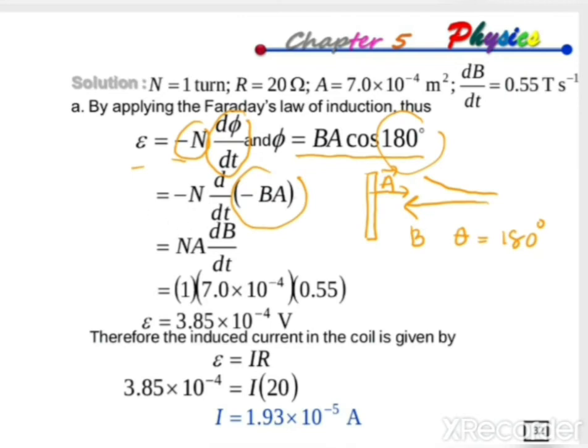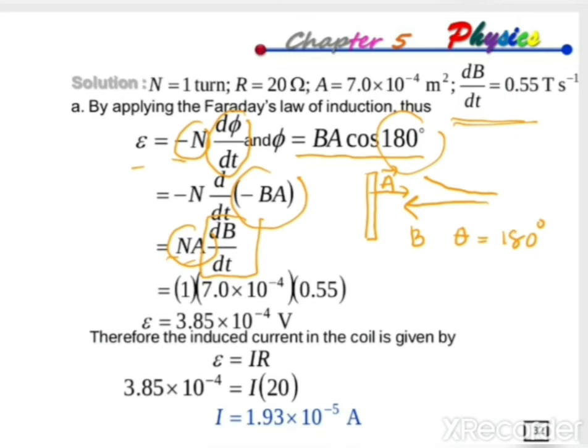When we rearrange the equation, we write down the constant values, which are the number of turns times the area. And we get the rate of change of magnetic field, which is already given in the question, 0.55 Tesla per second.